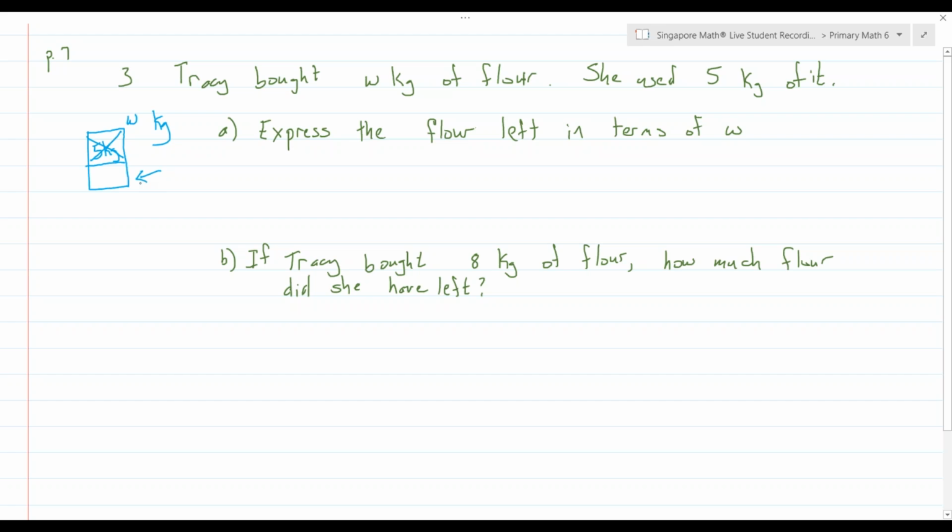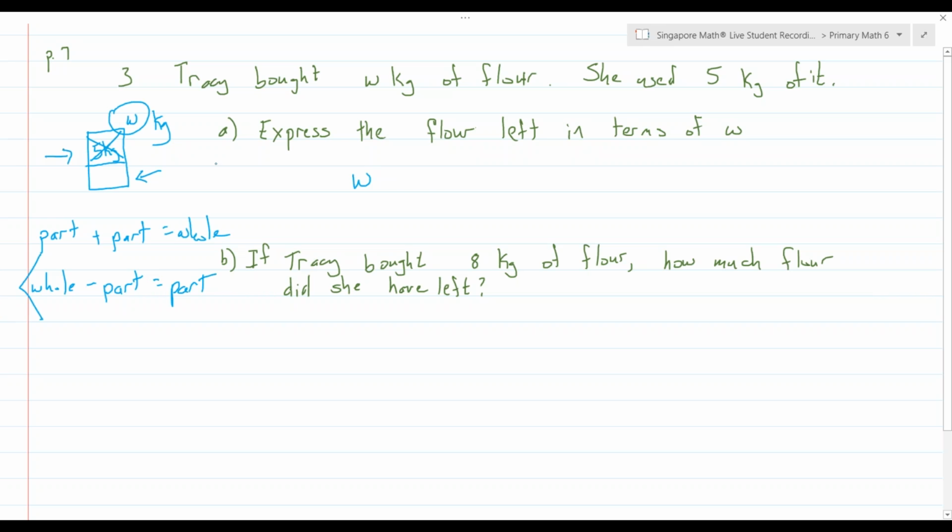Now, if that feels new and strange to you, I want you to remember that we've talked for a very long time about the fact that a part plus a part is equal to the whole, and we've said if you know the whole and you know one part, you can subtract them to get the other part. And so that's exactly what I have. The whole thing that she bought is W kilograms.